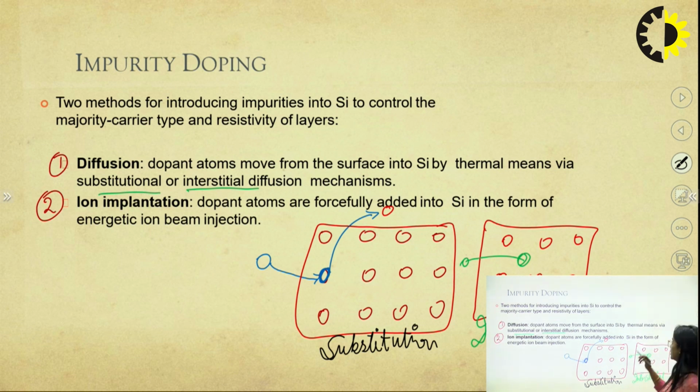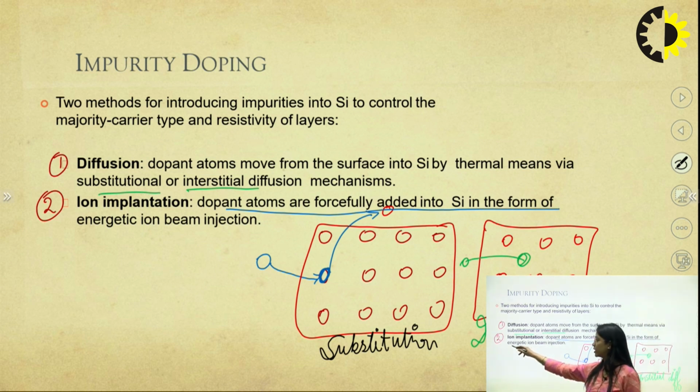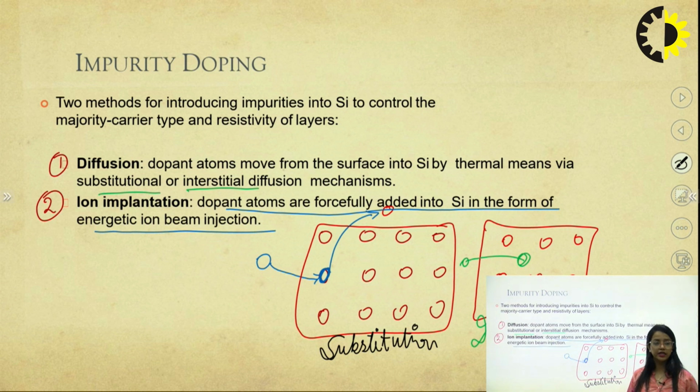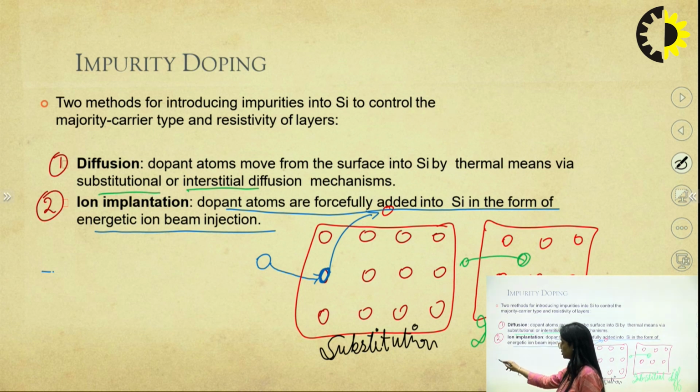Now next is ion implantation. Ion implantation is altogether a new step where dopant atoms are forcefully added to the silicon lattice in the form of energetic ion beam injection. Let's say we have an ion source here.